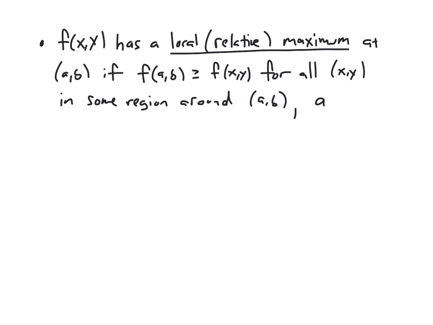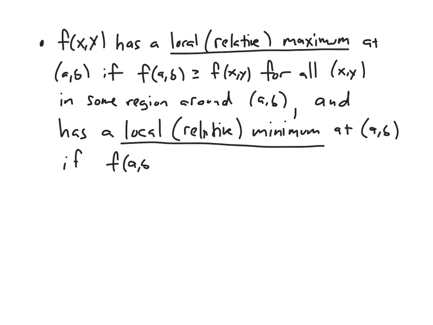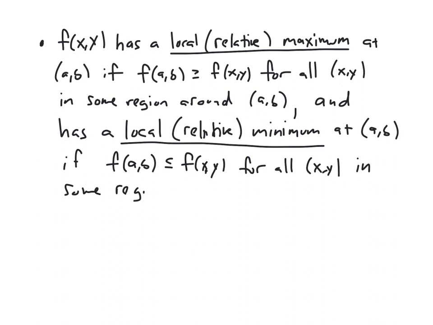And similarly for a local minimum. So we also say that it has a local or relative minimum at (a, b) if f of a, b is less than or equal to f of x, y for all (x, y) in some region around (a, b).